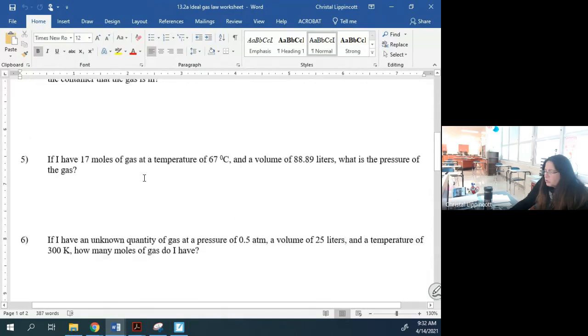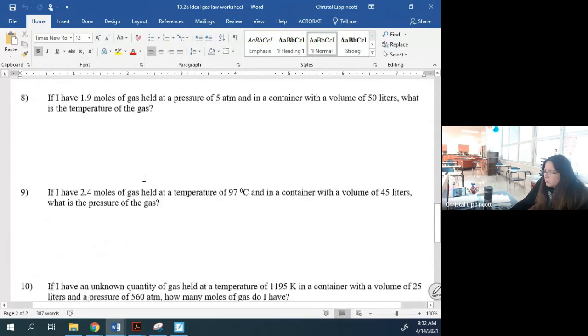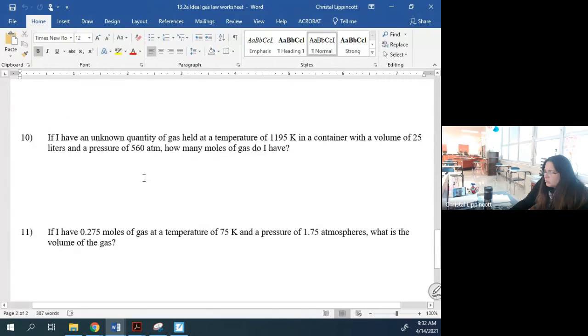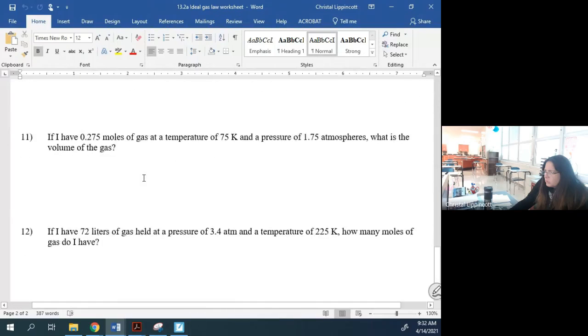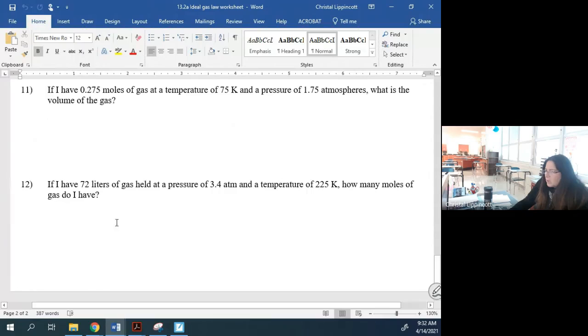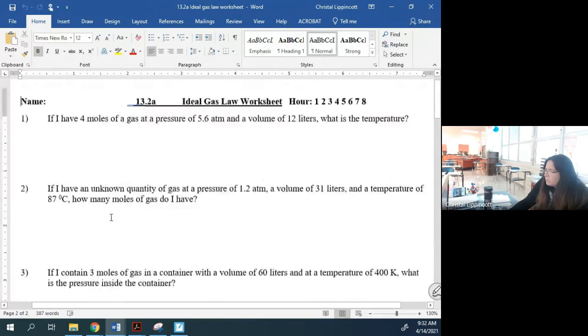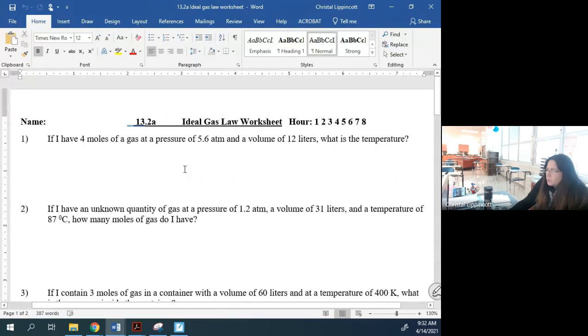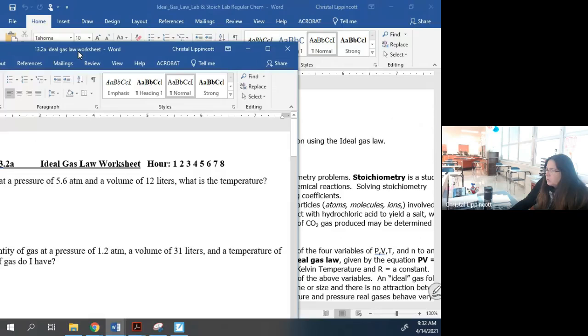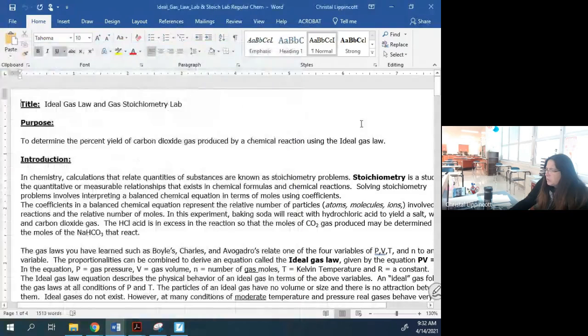Moles, pressure. Yeah, you should be able to do all of these. So this is your homework tonight. Get that done by tomorrow. And then the next time I see you, we'll do the ideal gas law lab. I'll get that run off next hour. So that is our game plan.